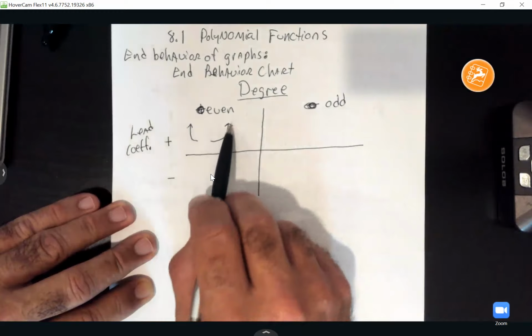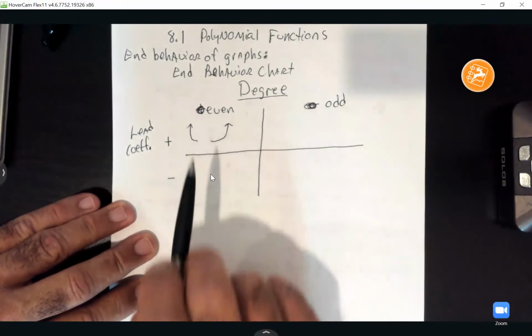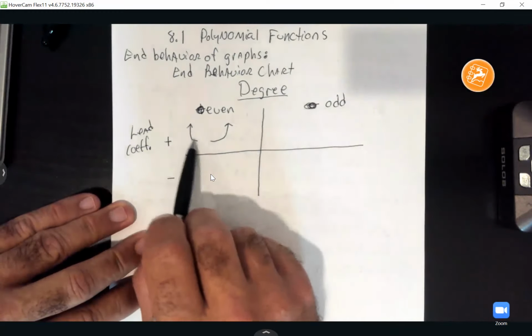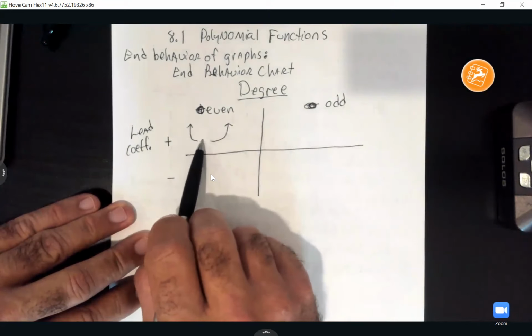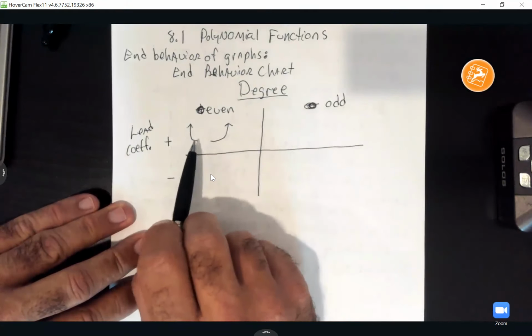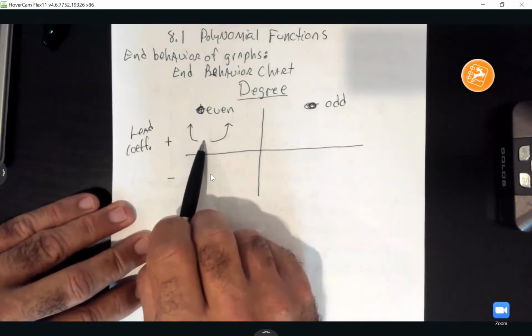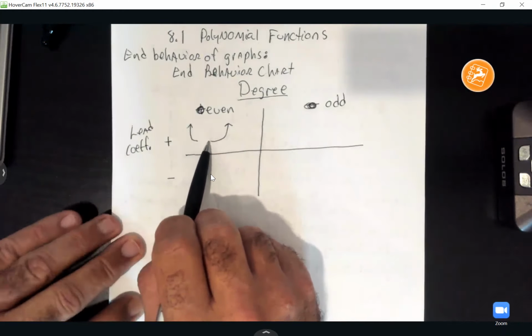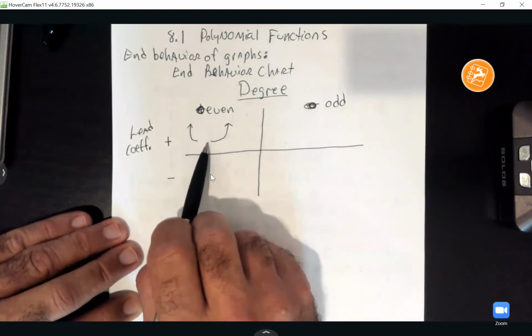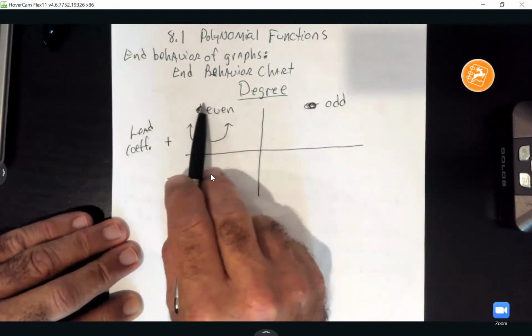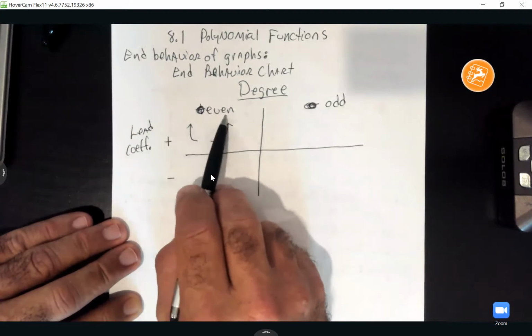X squared graphs made a nice U shape. X to the 4th graphs will do the same thing, but they might have more turns in the middle. X to the 6th graphs, same thing, but they might have a lot more turns in the middle. So that's why they're not connecting the middle, because based on how big your even exponent is, there might be a lot of turns in here.